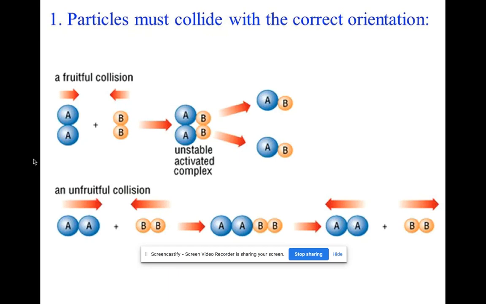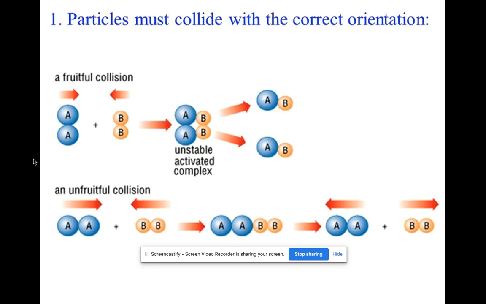As we see, molecule AA is going to react with molecule BB. In this reaction, there is enough energy and the orientation of the molecules is correct so that we can form a new product. We're going to form one molecule of AB and another molecule of AB.